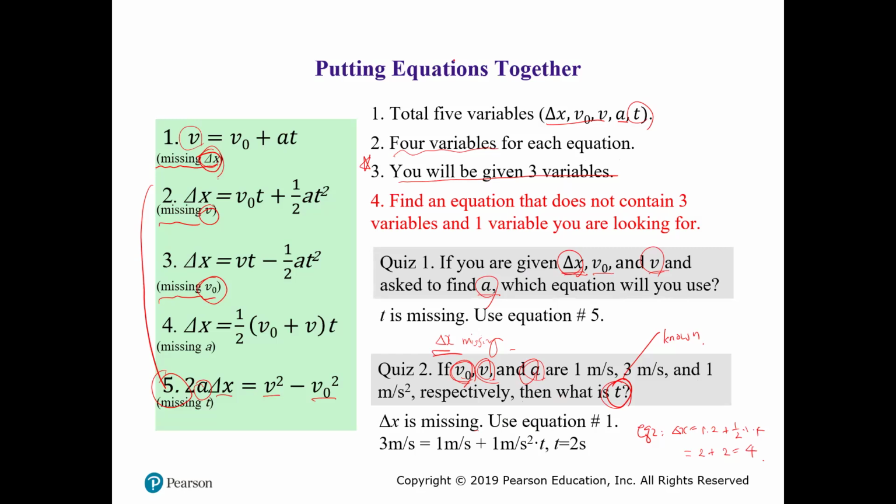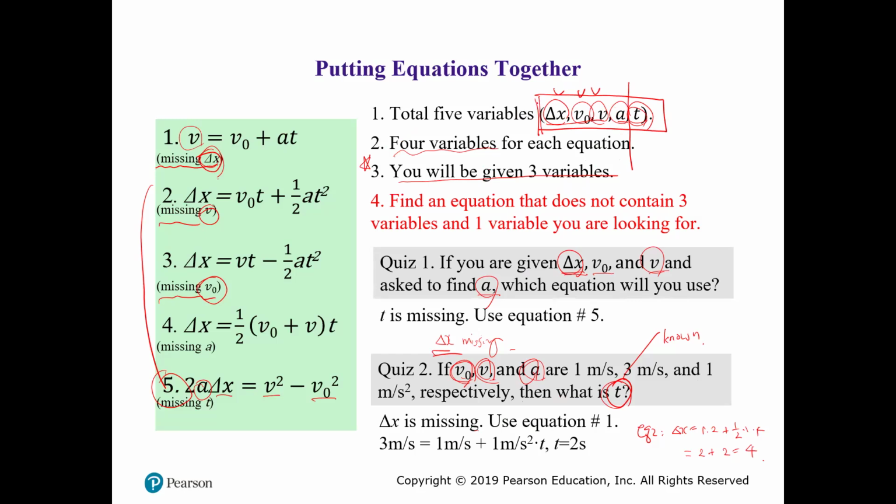So in other words, basically these 5 equations consist of all 5 variables. And your final goal is to find all these 5 variables, right? But initially, randomly 3 of them are given. And then you choose the equation that asks you to find the first unknown.